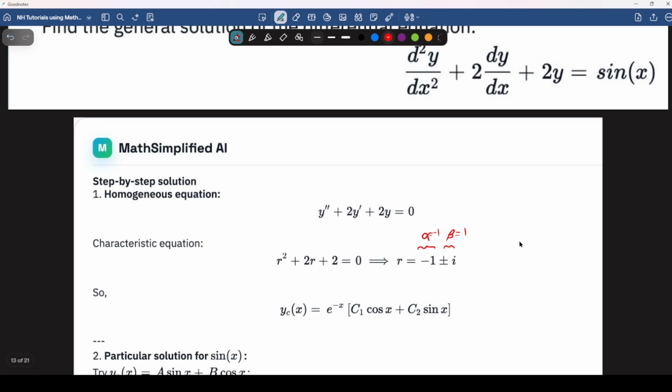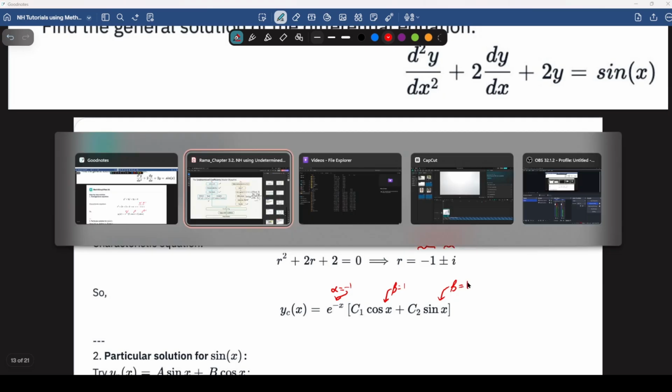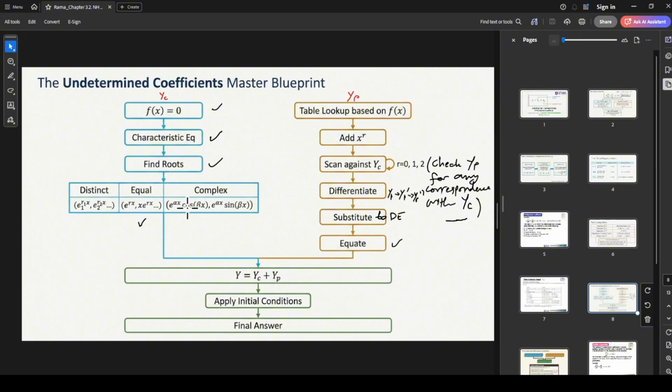So this is e to the power of alpha, where alpha equals -1, times c1 cos 1x plus c2 sine 1x. Here beta equals 1, which is consistent with the formula e to the power of alpha x, cos beta x or sine beta x.